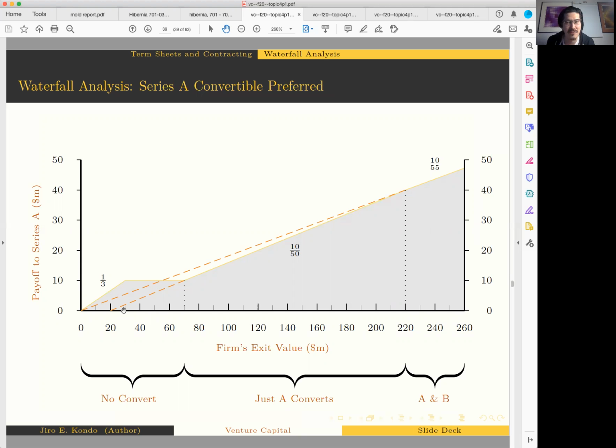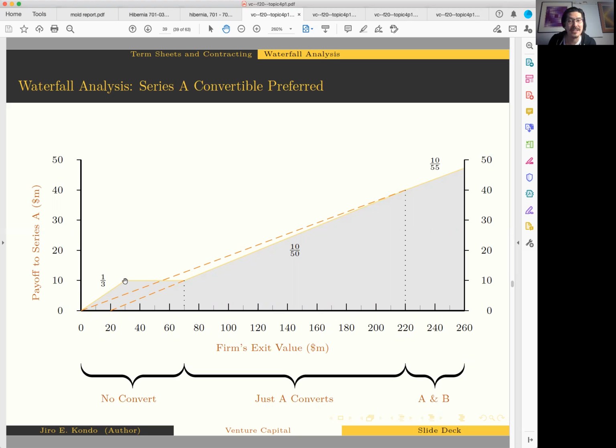They get 1/3 of every dollar. And the remaining 2/3 goes to Series B. It's because it has equal seniority. The word pari passu means equal seniority. So between 0 and 30, Series A and Series B are splitting the whole company, 1/3, 2/3. Does that make sense?